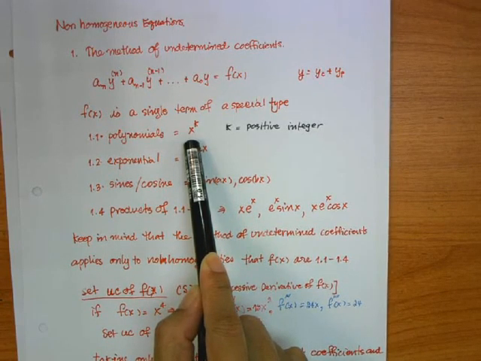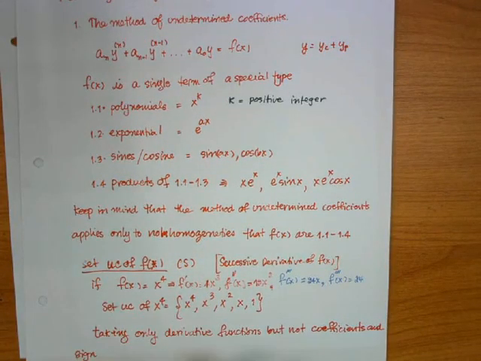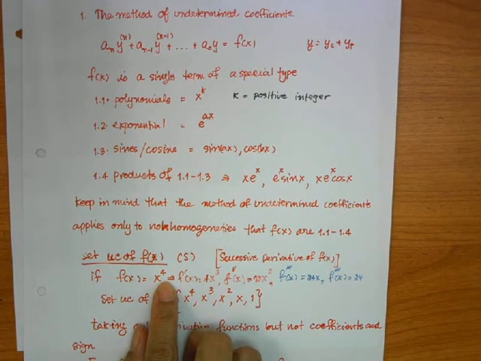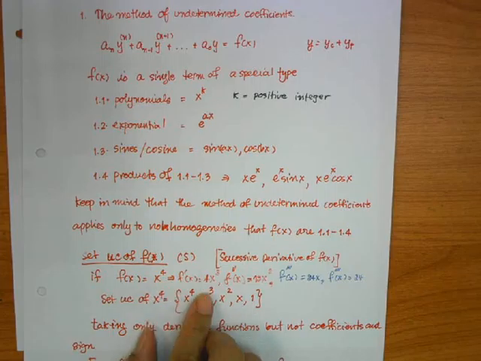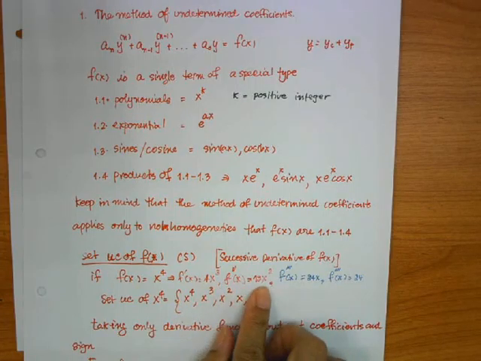The way we do that is we take the first derivative of f(x). The first derivative of x to the power 4 is 4x to the power 3. The second derivative is 12x to the power 2.